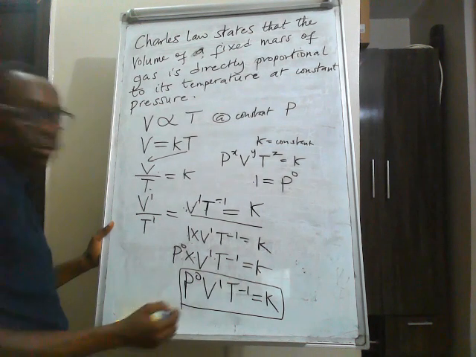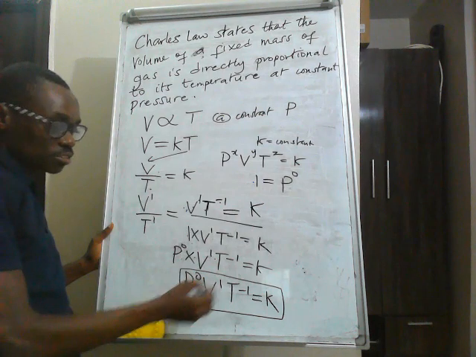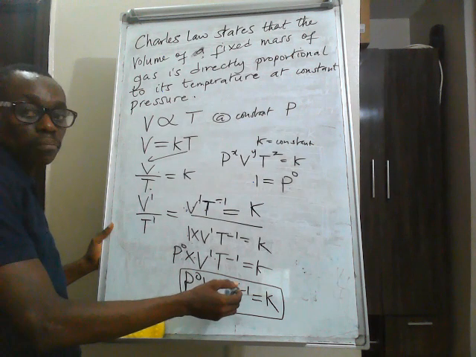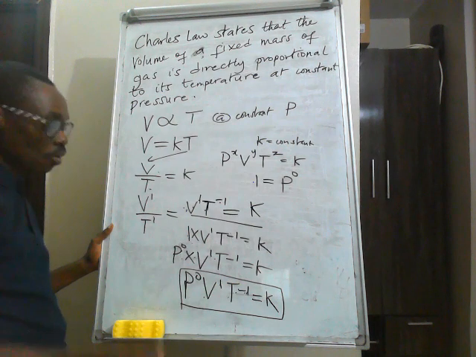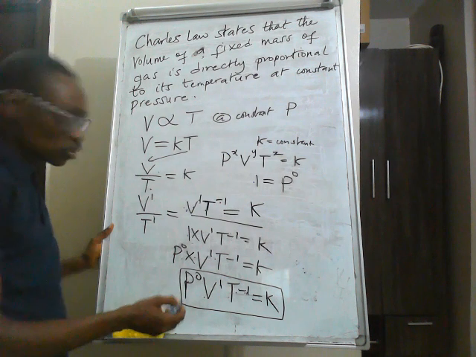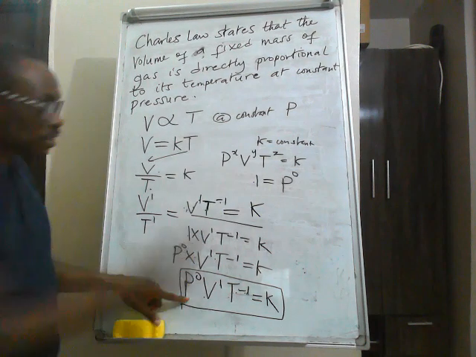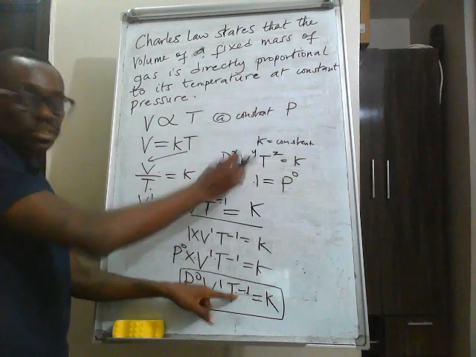So this is Charles' law. For Charles' law, P is raised to power 0, V is raised to power 1, T is raised to index minus 1. So over here right now, if you compare this and this, x is what? 0, y is 1, z is minus 1.